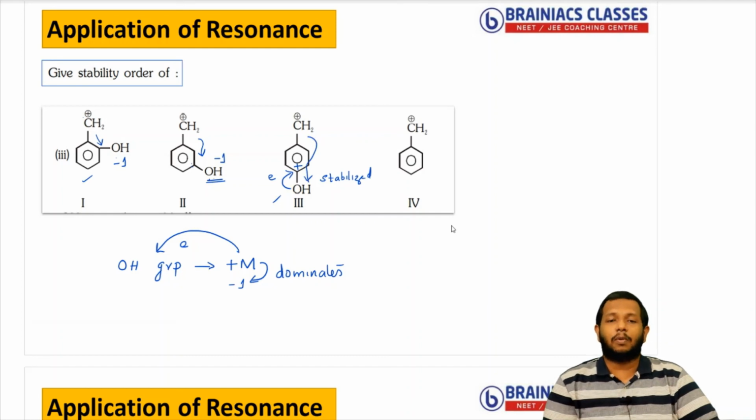So who will be more stabilized? I can say the third one will be more stabilized, because it has a plus M effect and a weak minus I effect. Weak minus I, because it is at a farther distance. The minus I effect is destabilizing here, so weak minus I means destabilization is less. So which is the most stable one? I can say the third one.